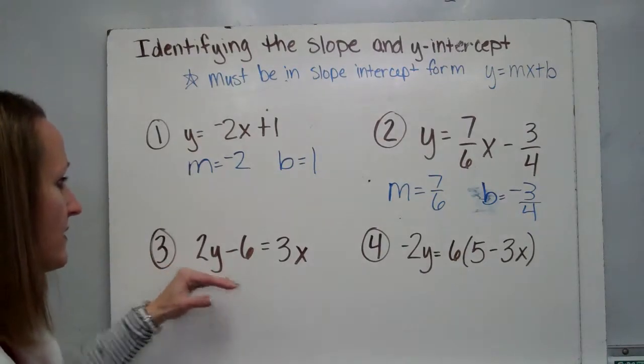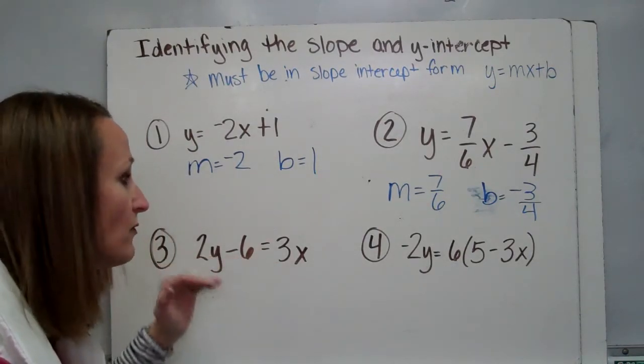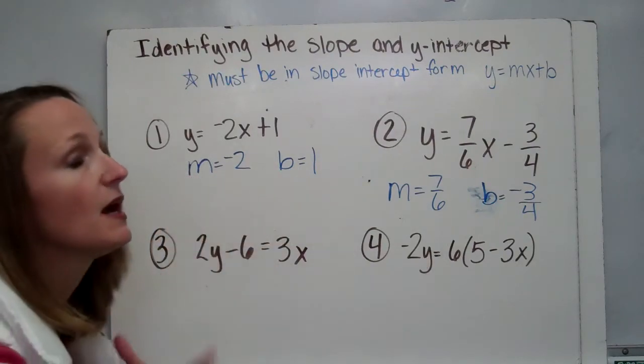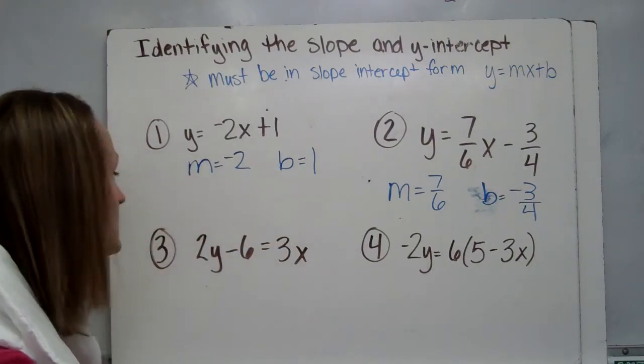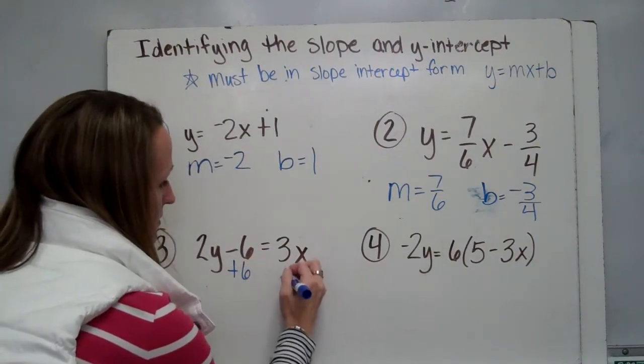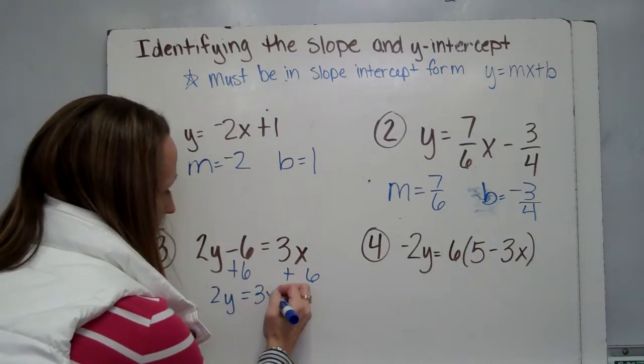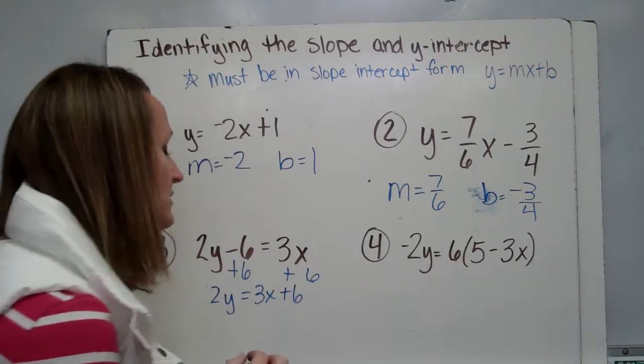Okay, now I come down here. This one is not in y equals mx plus b form. So before I can identify my m and my b, I have to transform this equation. So I'm going to move my 6 over so that I get 2y equals 3x plus 6. Still not quite done.